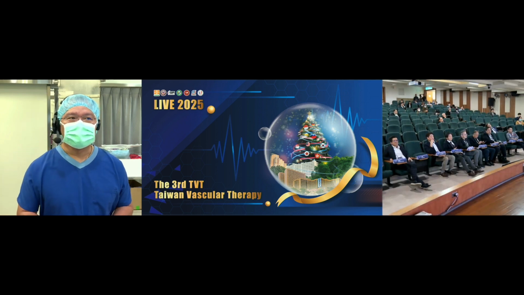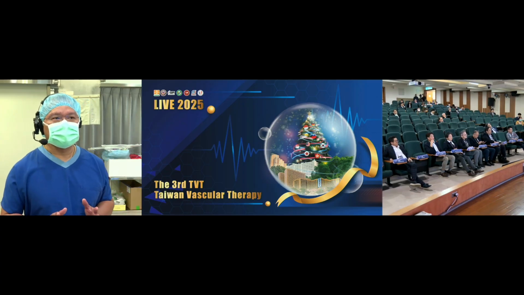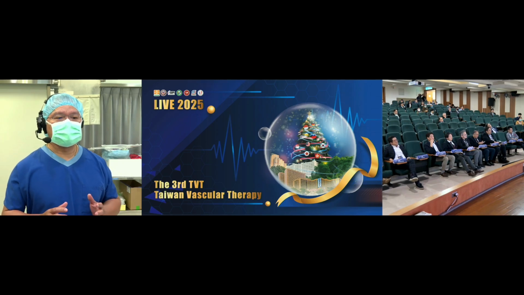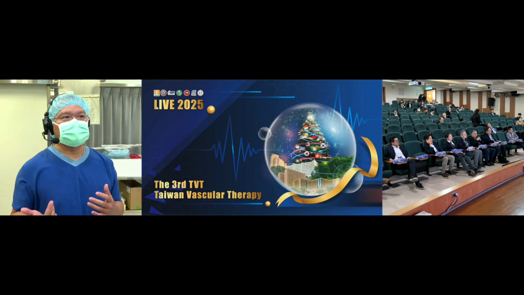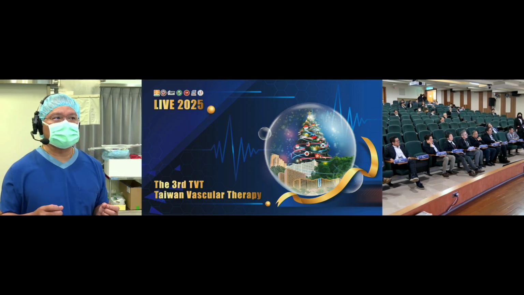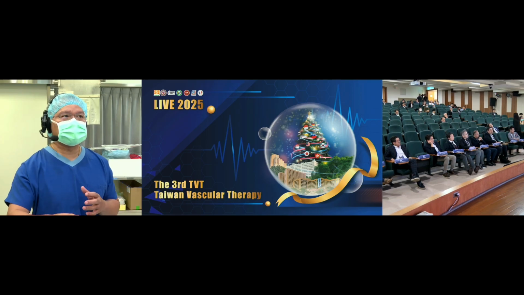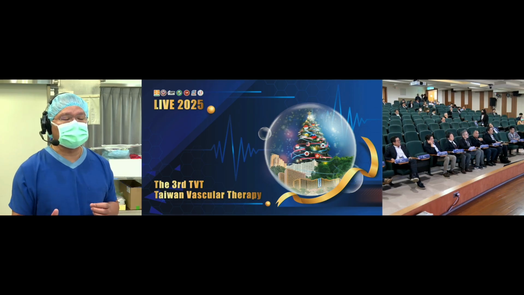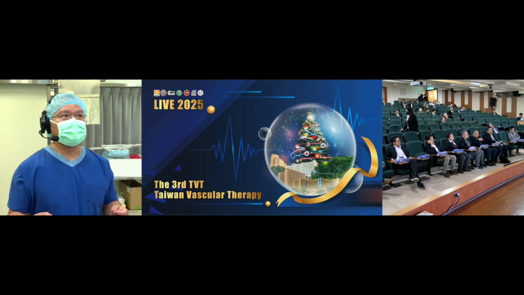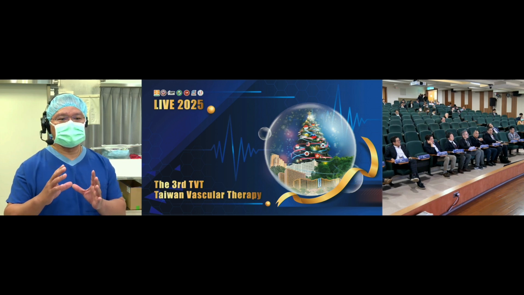Yes. According to the guideline, if there is mild to moderate ischemia and the tissue does not look like it will die quickly, we still have time. You can do thrombolysis, you can do pharmacomechanical thrombectomy, to open the runoff. And after that, you can do the definitive treatment for the aneurysm.